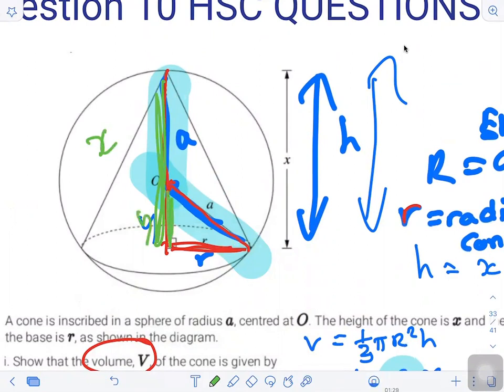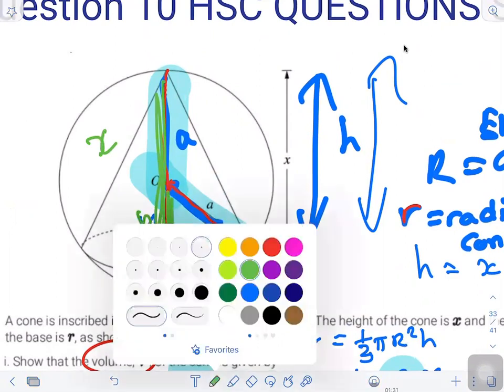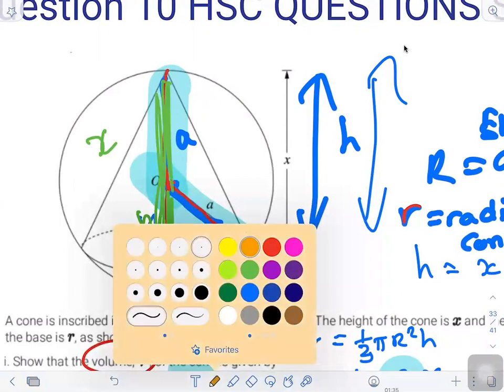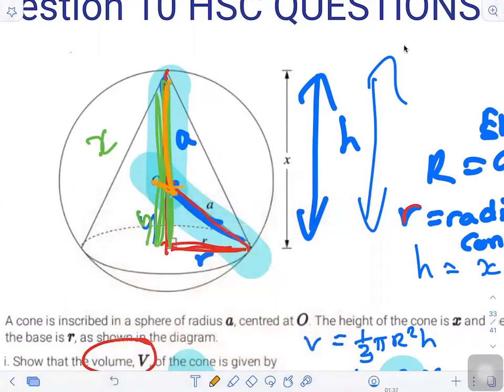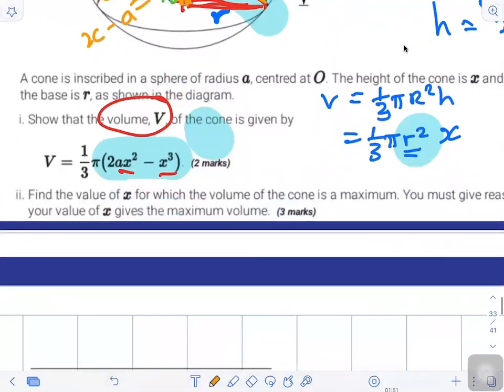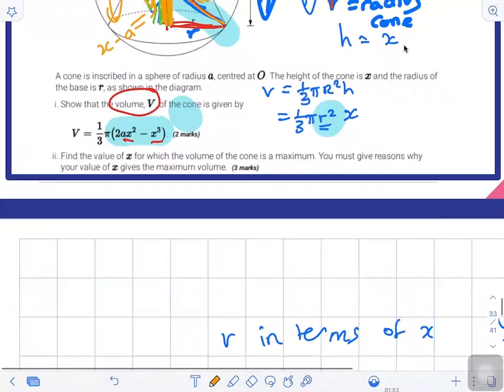And just this part up the top there, it's a different colour, that one. Okay, that's equal to a, because it's the radius of the sphere. So if I just want y, which is this part here, it'd be x, which is the big thing, minus a. So y will actually be x minus a.